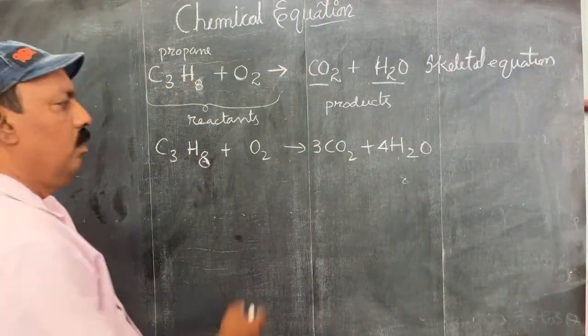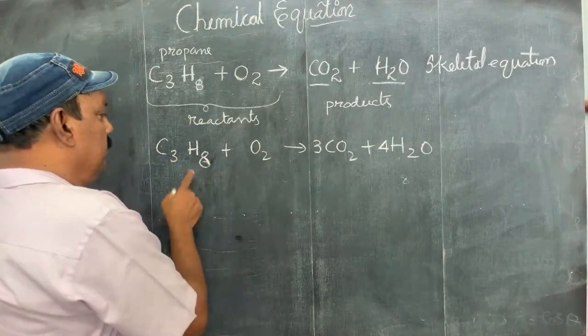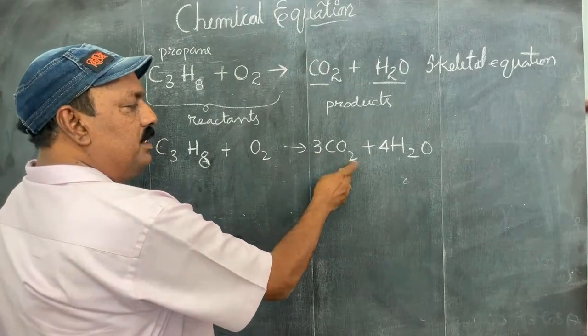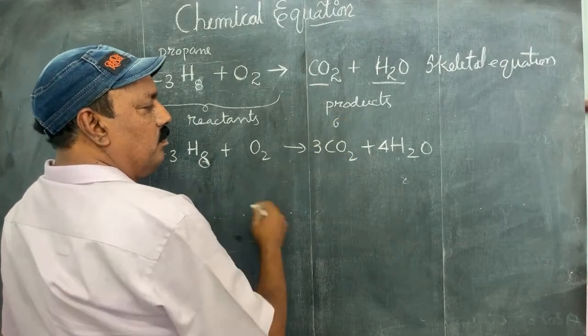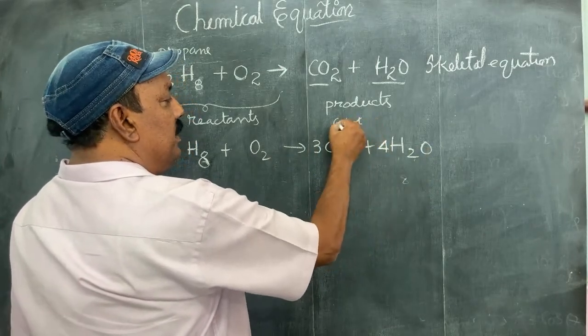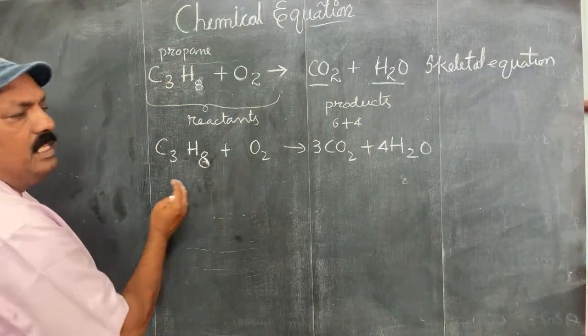Now what has to be balanced further? How many oxygens are there? Here only 2 oxygens, but on the product side, 3 times 2 is 6 oxygens from carbon dioxide, and 4 oxygens from water. 6 plus 4 is 10 oxygens. So here we have to balance oxygen.